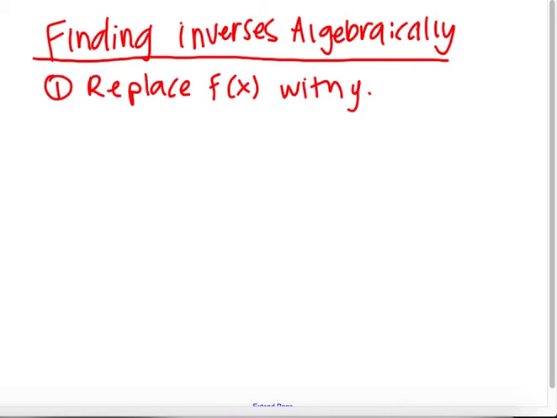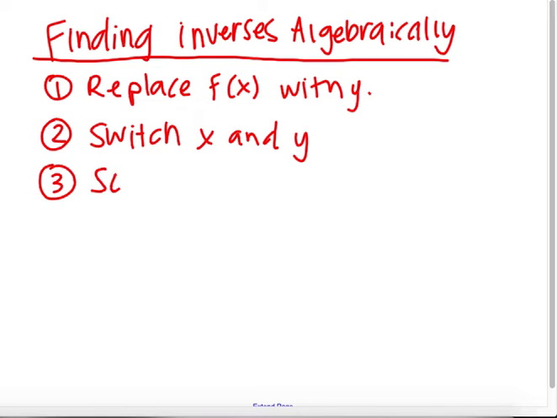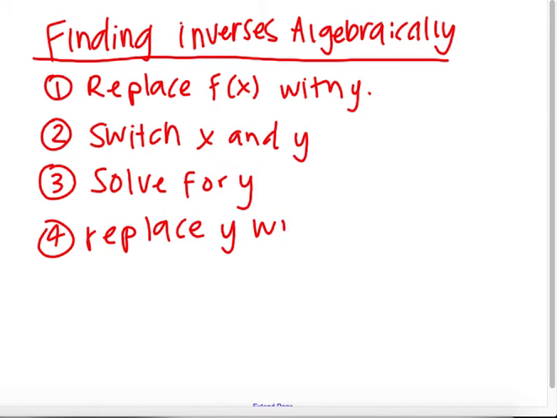Then we want to switch our x and y's. And then solve for y, solve for our new y. And then replace y with the name of the relation, so with f negative 1 instead of y, so that you can clearly see which one is your inverse and which one's not.